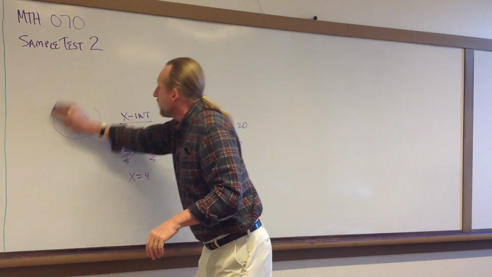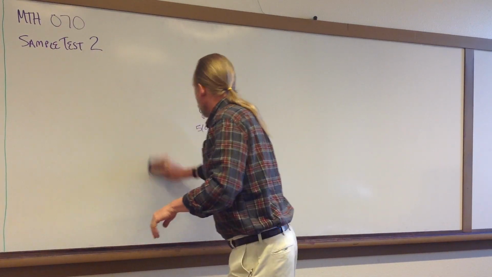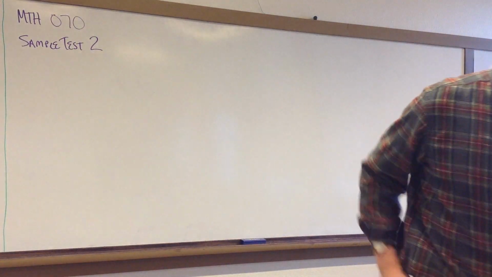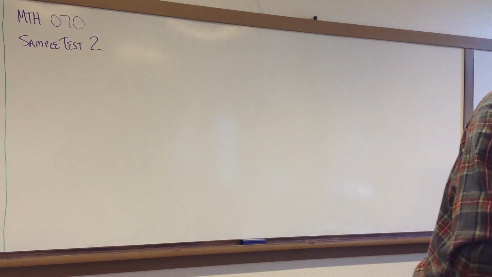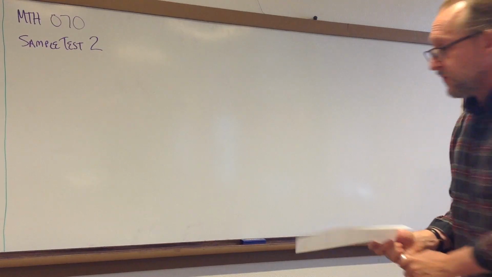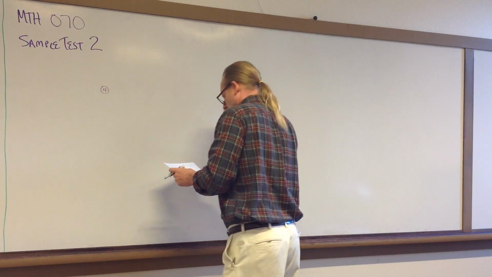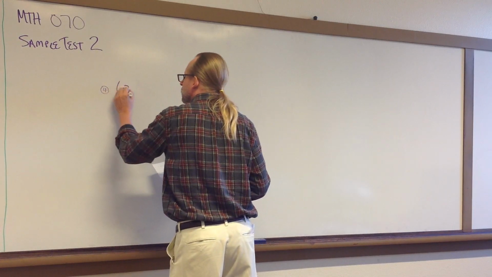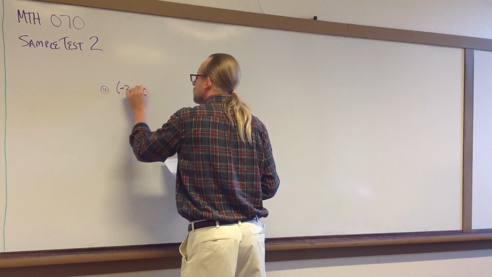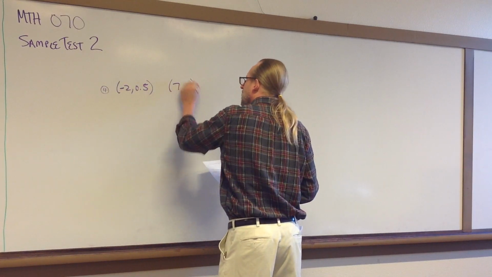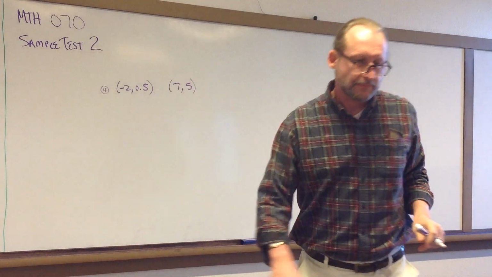Let's see. Problem 4, we need to find the equation of a line given 2 points. So, in problem 4, let's see, we want to find the equation of the line that connects the 2 points negative 2, 0.5 and 7, 5.